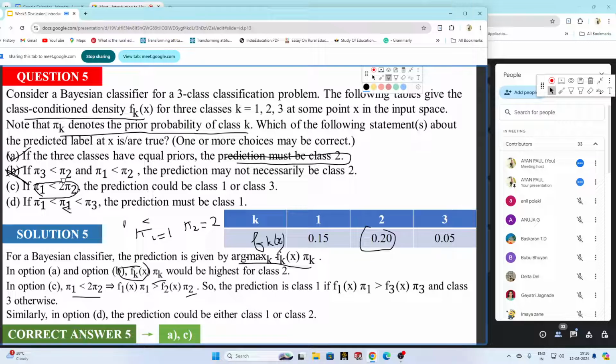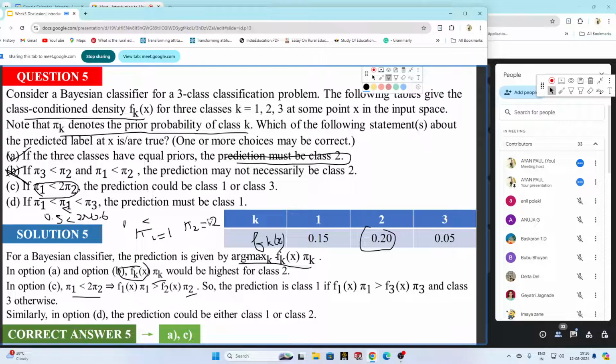We have to assume a very small case here. Okay, so pi 1, let's say 0.5, and greater than 2 into pi 1 lesser than 2 into 0.55, 0.6.